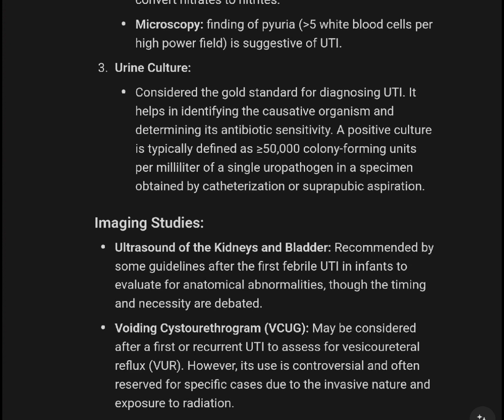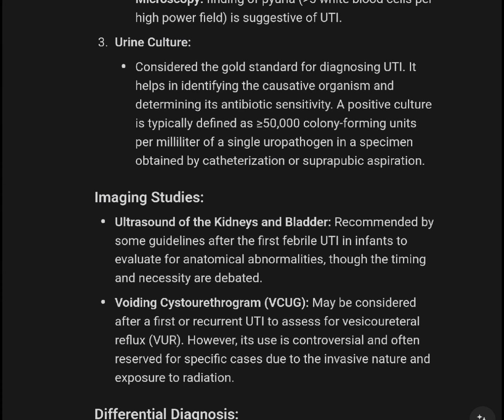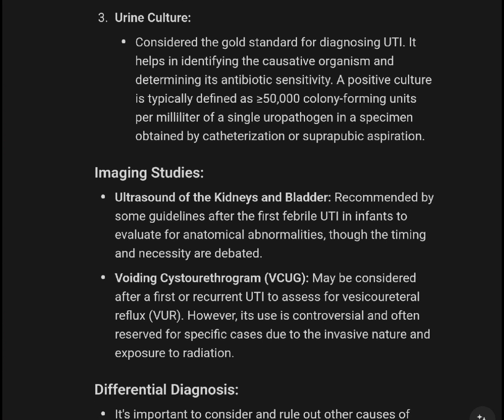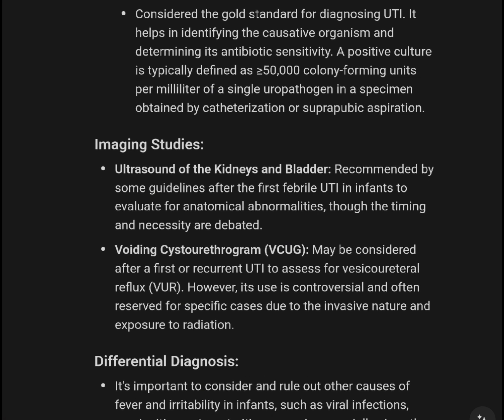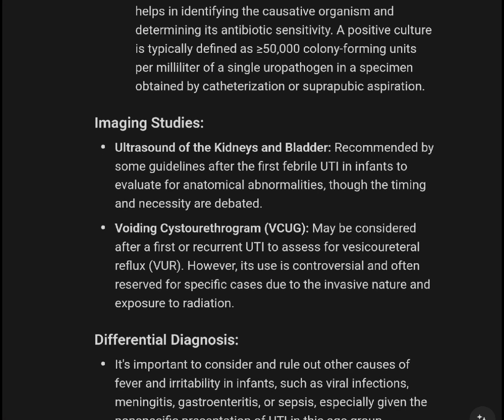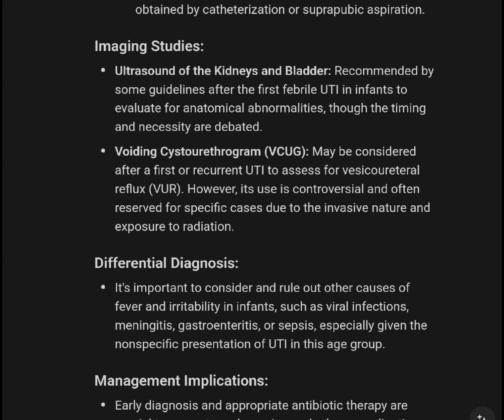Urine culture is considered the gold standard for diagnosing UTI, identifying the causative organism and determining its antibiotic sensitivity. A positive culture is typically defined as over 50,000 colony-forming units per milliliter of a single pathogen in the specimen.